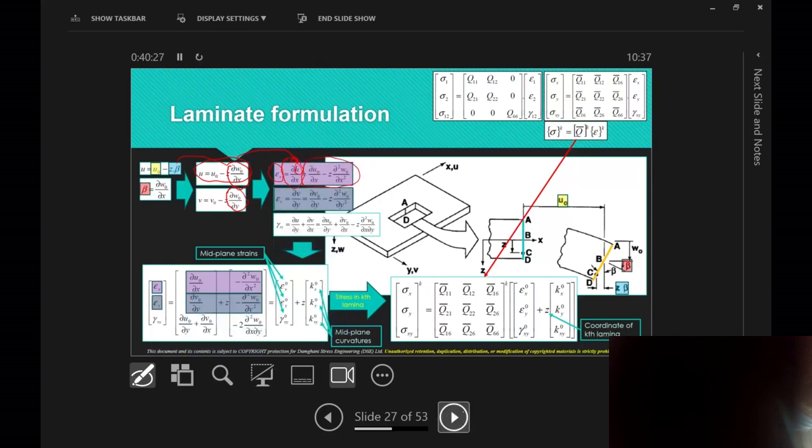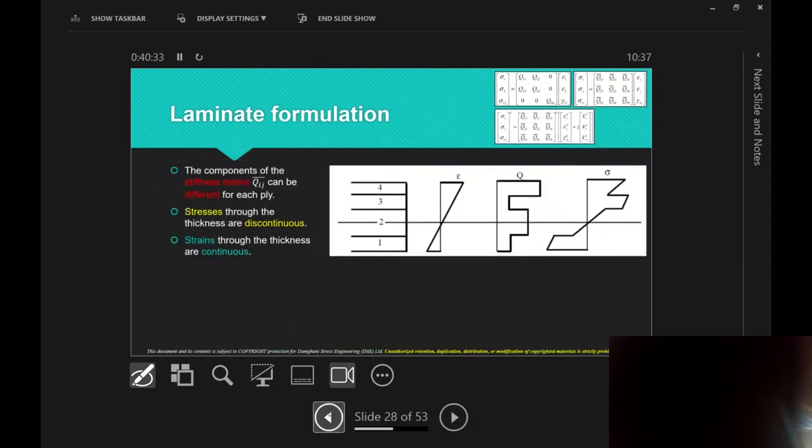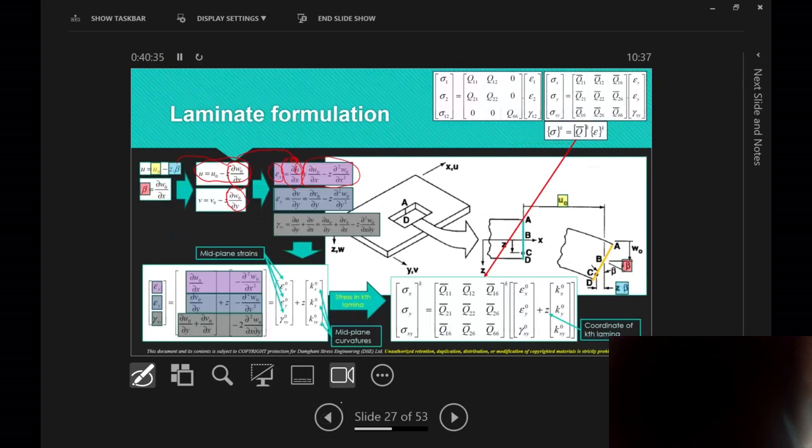The same could be said of epsilon y and gamma xy, rewriting the whole thing into a matrix format. So essentially rearranging the entire three of these into a matrix format will give you epsilon x, epsilon y, gamma shear strain. These subscript zeros represent the midplane strains.